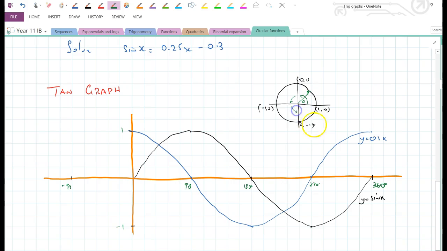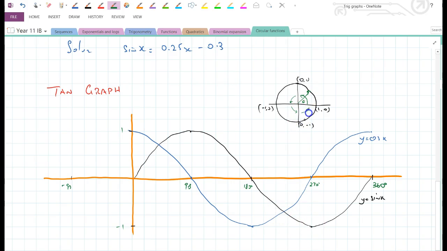Now into the third quadrant, and what happens now is both our coordinates are negative. Our x-coordinate goes from minus 1 back to 0 in this little zone here, so our cos now comes back, and our y-coordinate goes from 0 and drops down to minus 1, so sine dips down to minus 1 here.